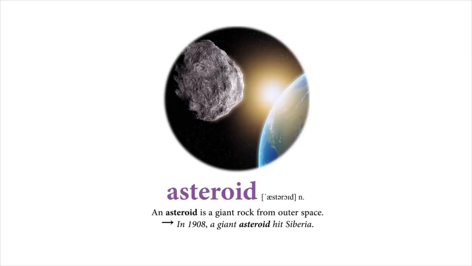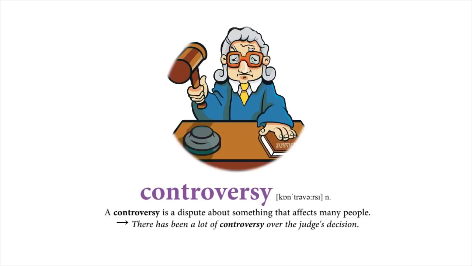Asteroid. An asteroid is a giant rock from outer space. In 1908, a giant asteroid hit Siberia. Controversy. A controversy is a dispute about something that affects many people. There has been a lot of controversy over the judge's decision.